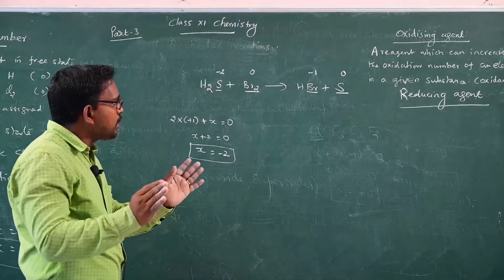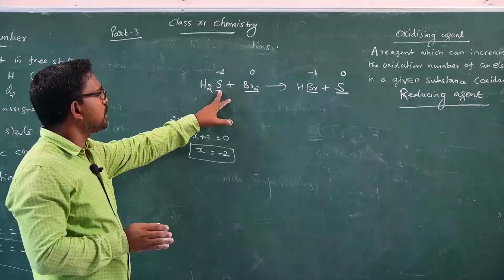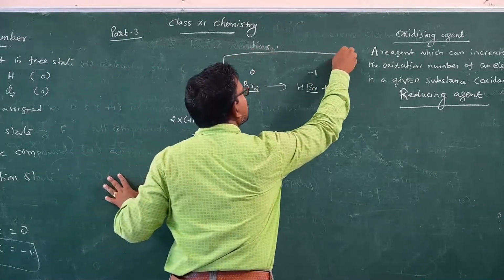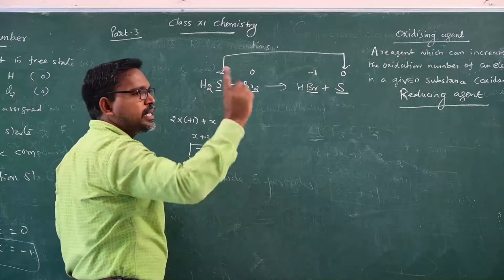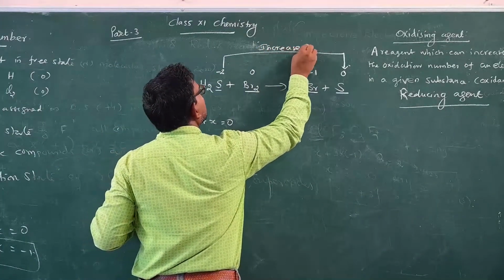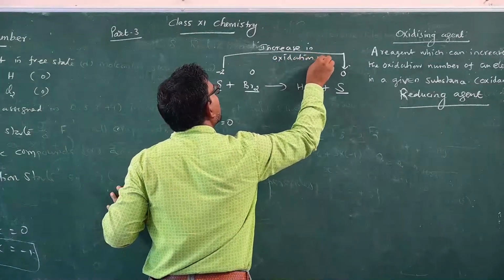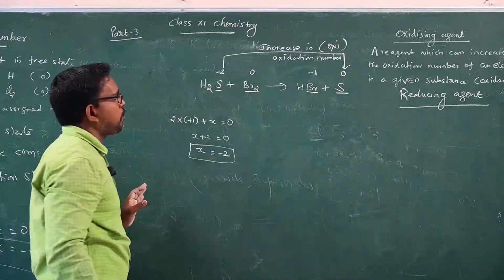Now, comparing the oxidation numbers. For sulfur, the oxidation number changes from minus 2 to 0, an increase in oxidation number. Increase in oxidation number is called oxidation.